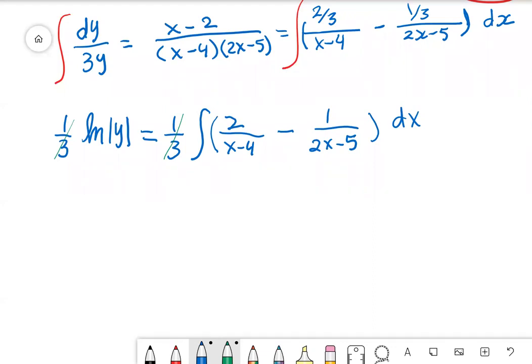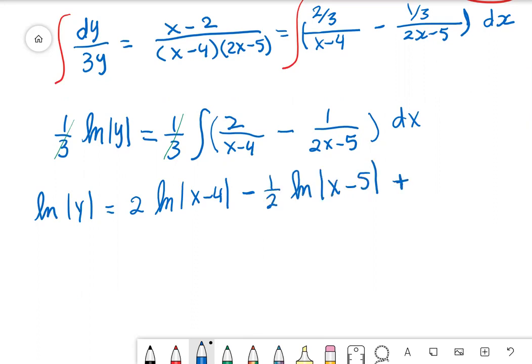So in this case, it's going to be ln y equals, for this one, 2 ln x minus 4 minus, I can take the half outside here, so it's minus half ln x minus 5 plus c.